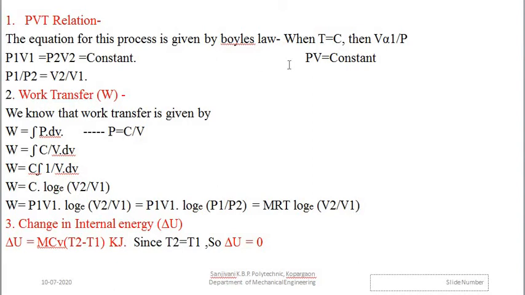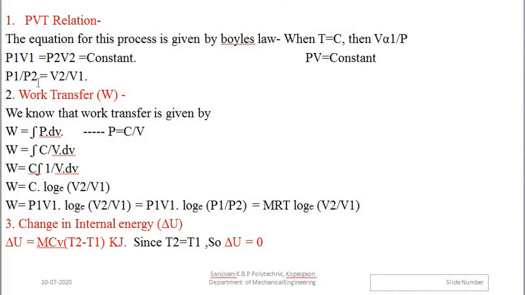So the governing equation for this process is PV equal to constant, which we already saw during Boyle's law. We can apply this governing equation to the state points 1 and 2, so we get the equation P1 V1 is equal to P2 V2, which is equal to constant. Therefore, we get the pressure ratio and the volume ratio.